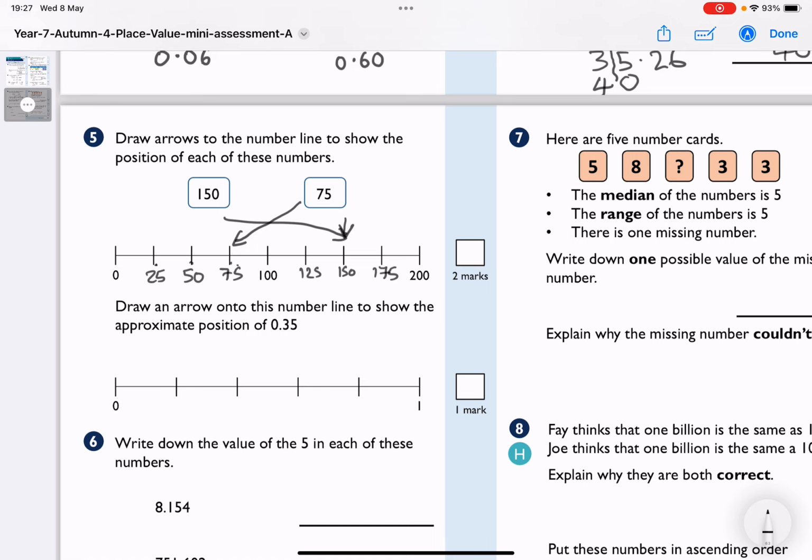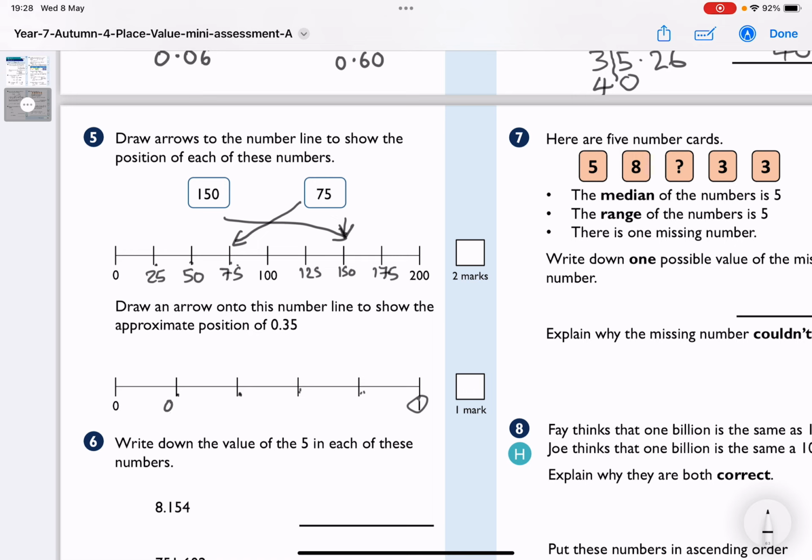Okay. And then it says draw an arrow onto this number line to show the approximate position of 0.35. Same sort of thing. I'm going up to 1 here, so I'm probably looking, is it going up in 0.1s? 0.1, 0.2, 0.3, 0.4, no, it's not. I try 0.2s: 0.2, 0.4, 0.6, 0.8, 1. That's right.